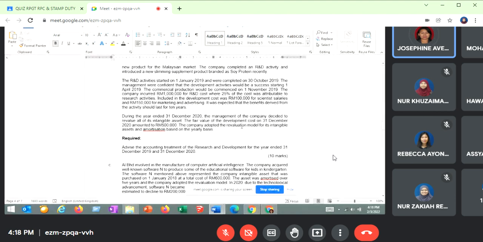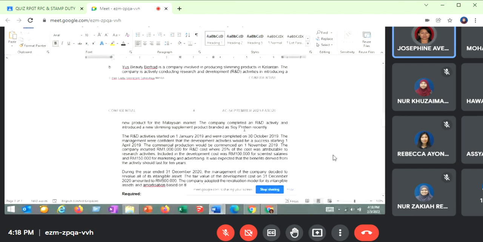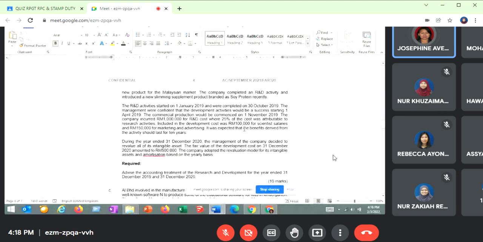Then they can ask you about another intangible item, which is research and development. For R&D, please remember the question that they ask is always the R&D that is developed by the entity itself. This kind of R&D, which is internally generated, is to be recognized as research and development.